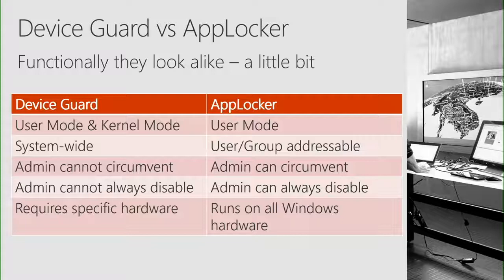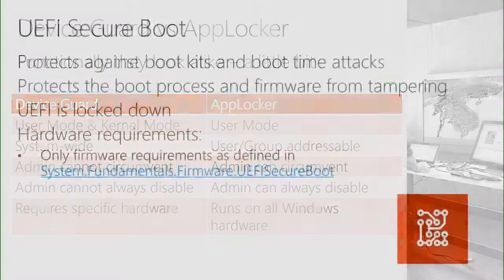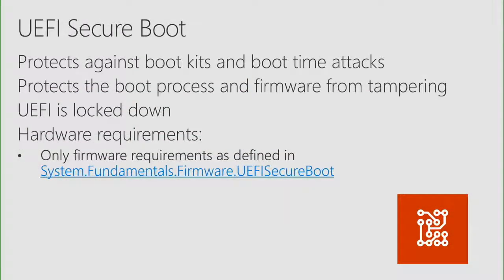So if you implemented your Device Guard CI policy and you do it really right, in the right way, then even a local admin cannot change that. And I'll tell more about it later. But it requires specific hardware. So not every kind of hardware is able to run Device Guard.